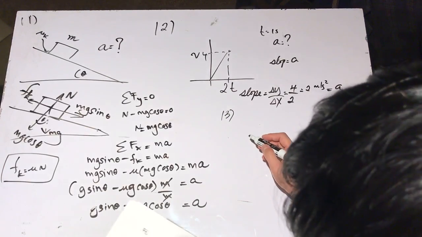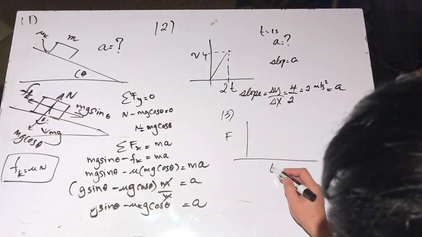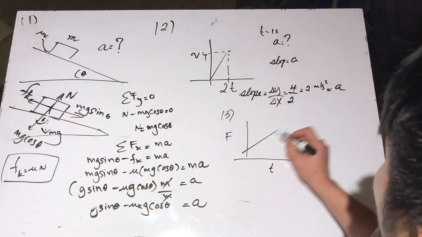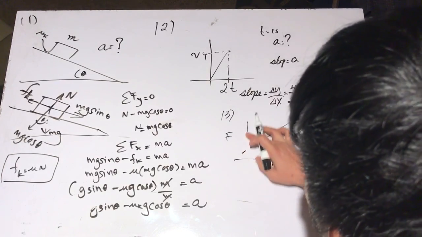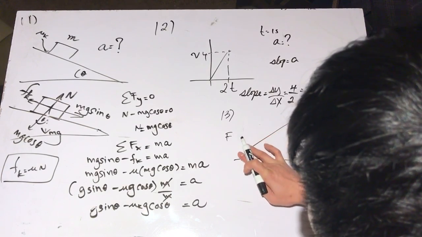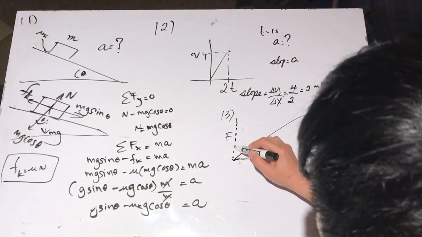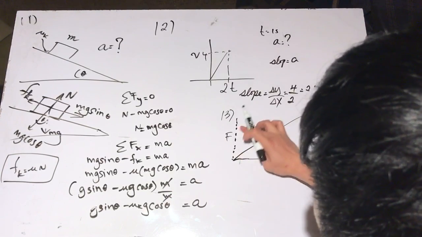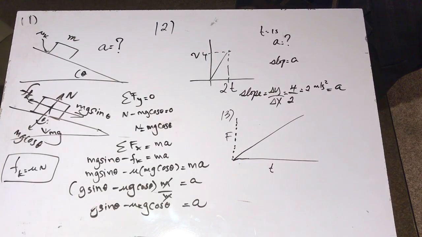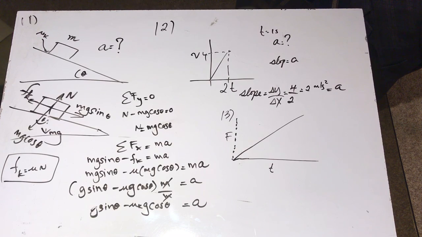Question 13, easy and simple again. You're looking at force times time, which is impulse. Let's look at what it's telling you. The force times time, the area under the curve, is the impulse.